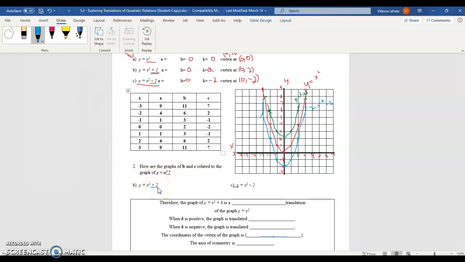This over here, that plus 2, means that the x squared graph, so this is the x squared graph, is essentially translated. We call that a translation when you move the graph up or down. Translation upwards by 2 units.